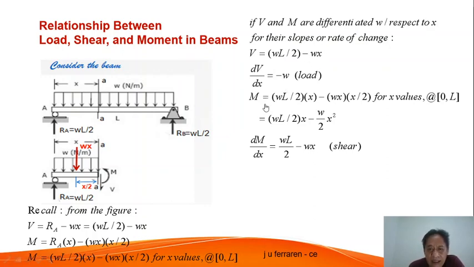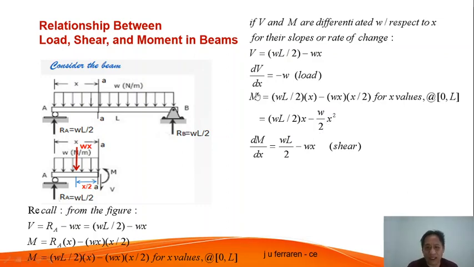Now, the moment equation is this one. If that is simplified, I can have the constant coefficient of x, and I also have the x squared term with the constant coefficient of W over 2.